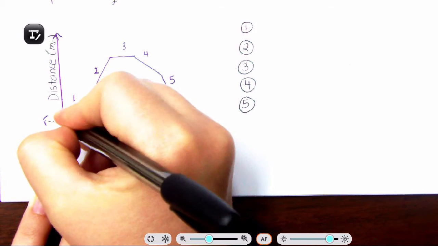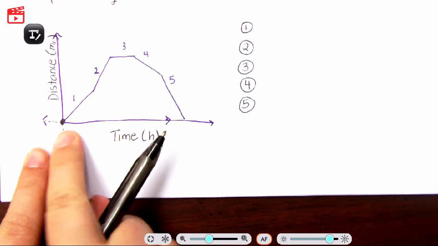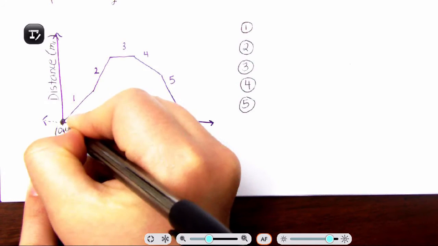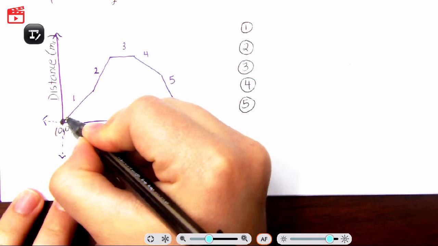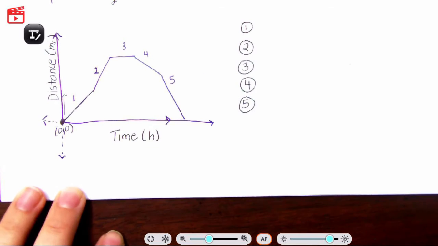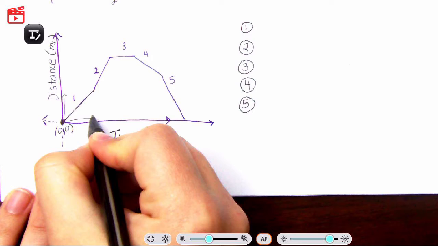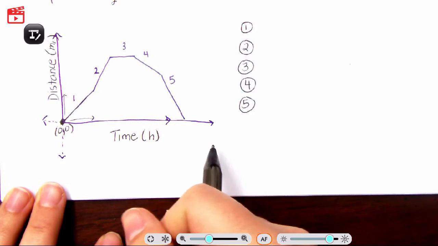So let's pretend I am at home. Here's my home. That's my starting destination because time here is 0 and distance is 0. So that means I am at home. I have not left anywhere. Now I start driving to go to work. Notice that my distance has now increased and my time has now increased. So in 1, I started driving to work.